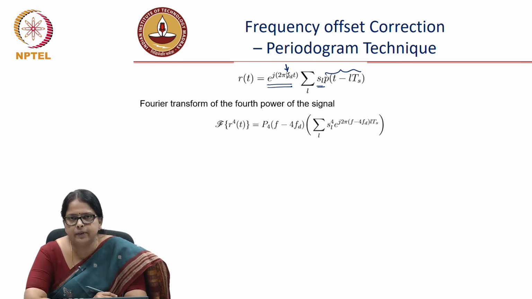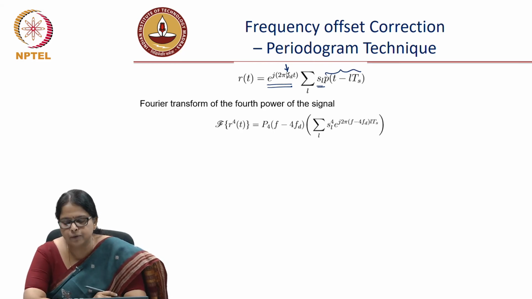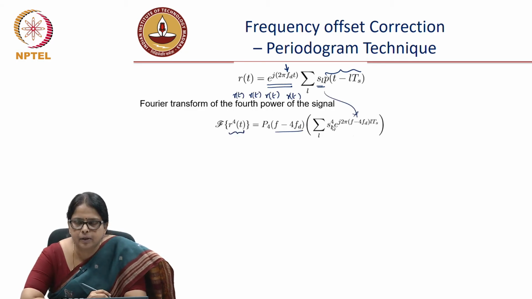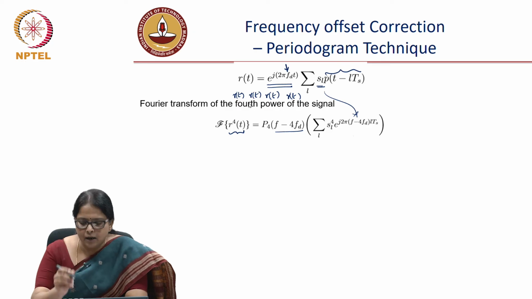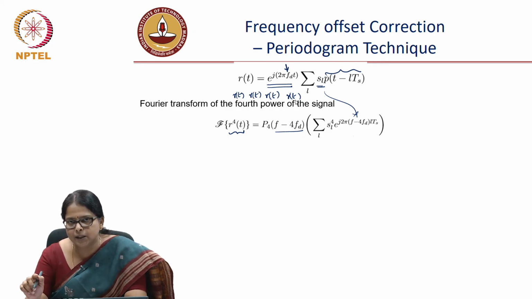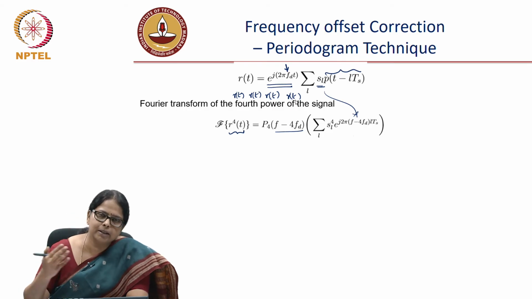So, what we do is we take the Fourier transform of the fourth power of the signal. Fourth power of the signal is multiplication 4 times in the time domain, which means that you are doing successive convolution 4 times in the frequency domain.